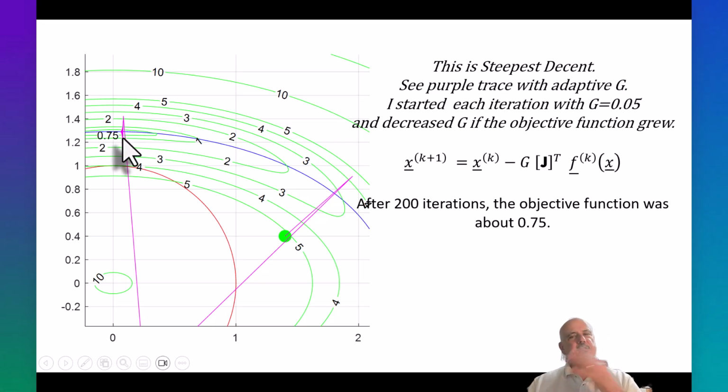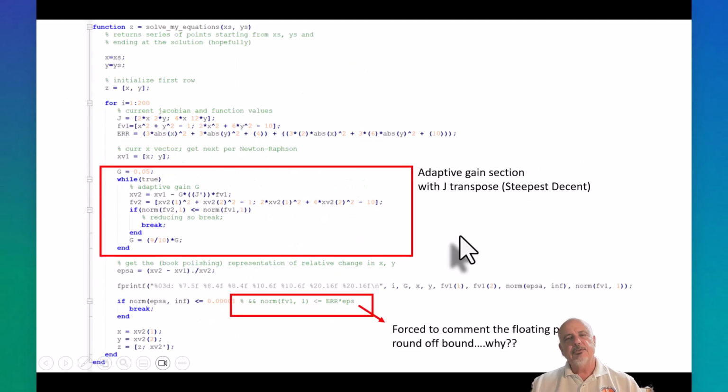And that's indicative of the steepest descent, because you're basically going straight downhill towards the objective function. And in this one, I had 200 iterations. I got to 0.75. So the steepest descent actually did better, got down to 0.75, rather than the Newton-Raphson, which got down to 0.9. So kind of interesting there.